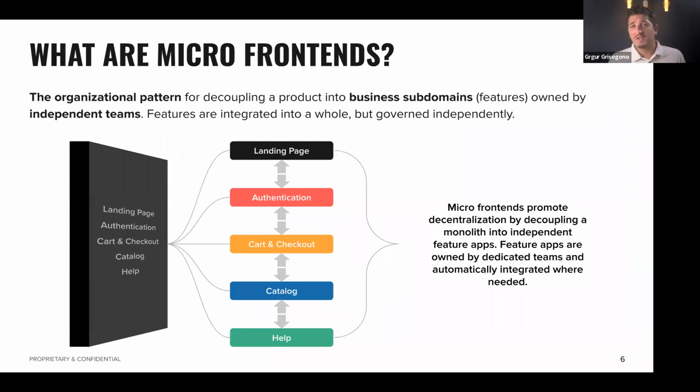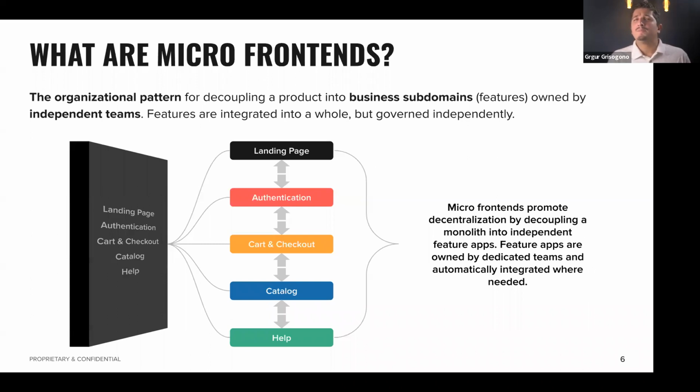So micro front ends are just that, an organizational pattern that promotes decentralization by decoupling a monolith into independent features. Dedicated teams will own the decoupled features, and they become experts in that business domain.